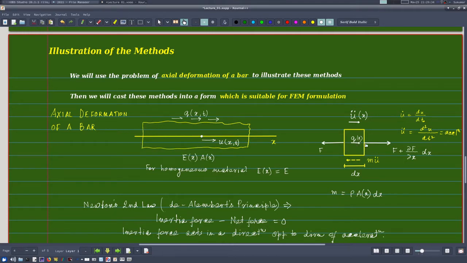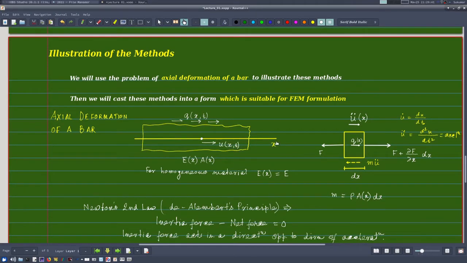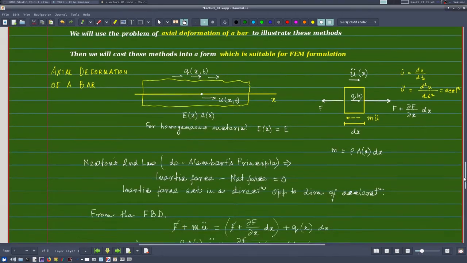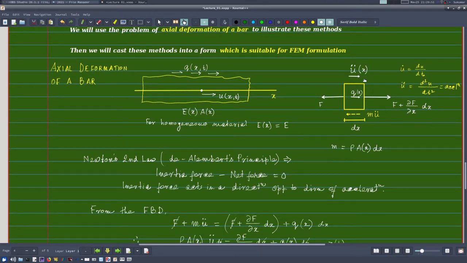Now, because it is a time dependent problem, we are assuming that our independent variables are functions of both position and time. Therefore, the body might undergo some acceleration if it is a dynamic problem. We are calling it u double dot of x and t.